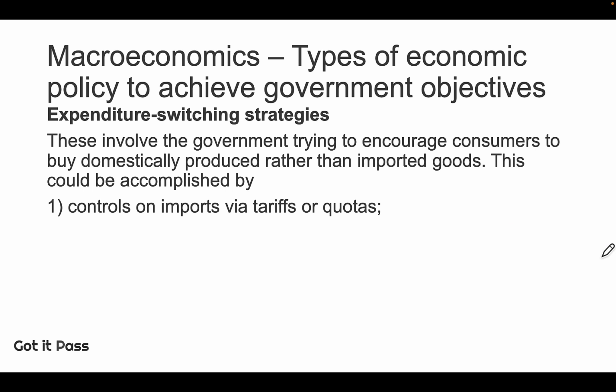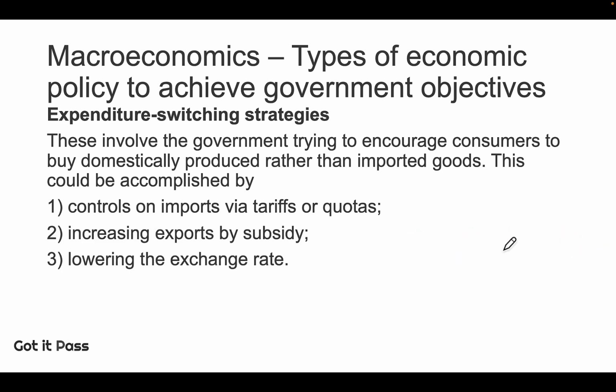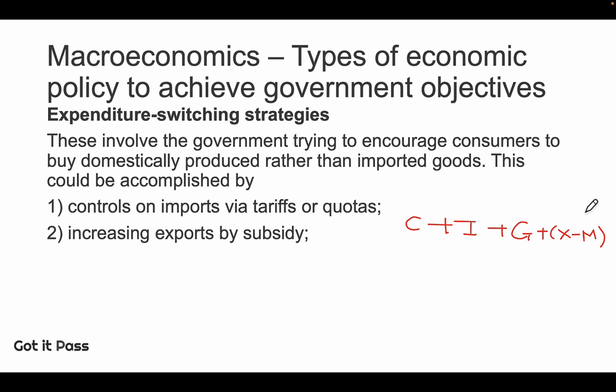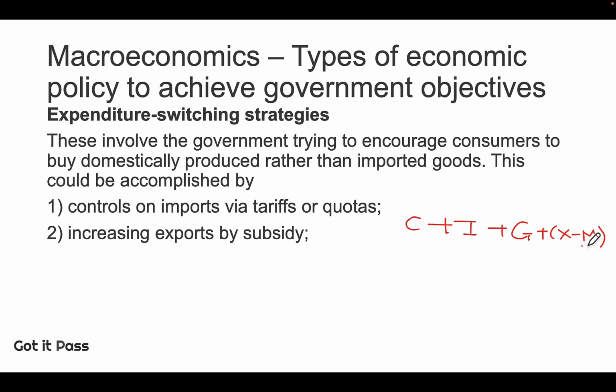So when it helps to reduce the imports, it helps to increase the overall GDP as well as reducing the balance of payment deficits, or it improves the export. It can help the government to achieve the objective as well.